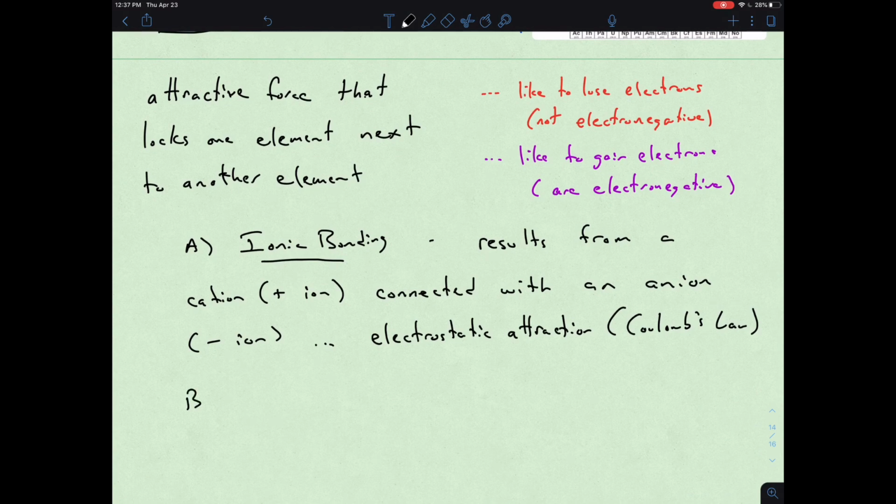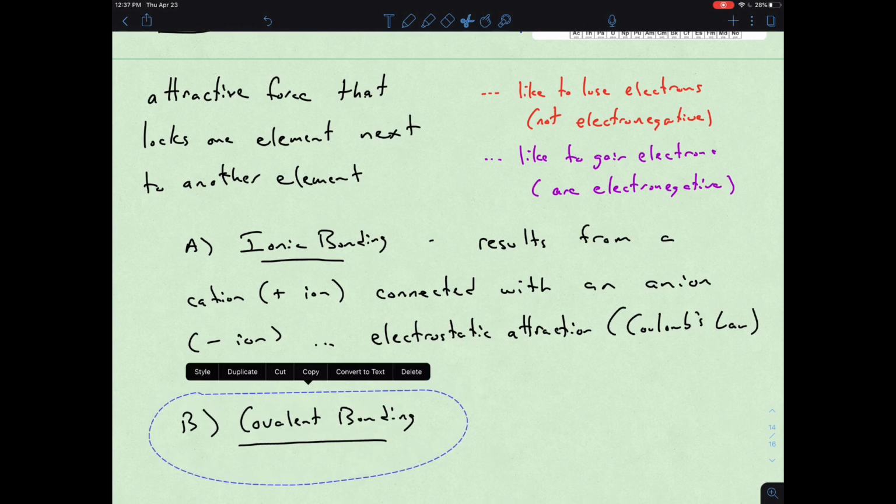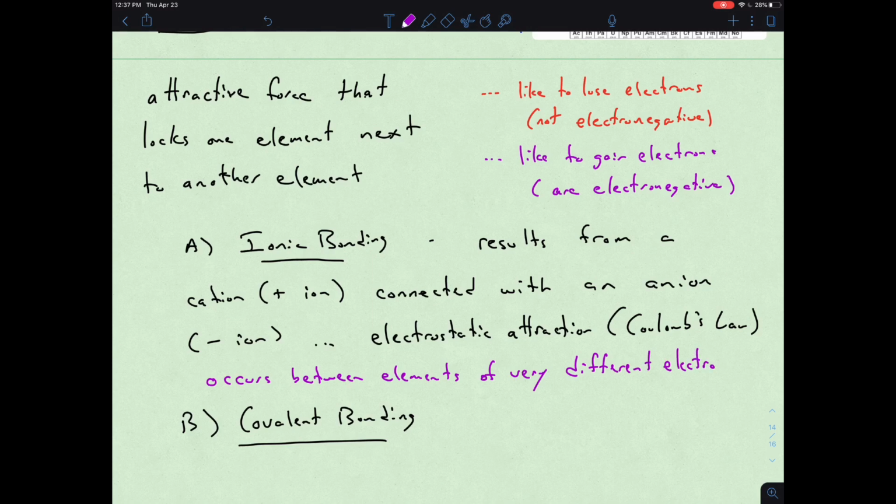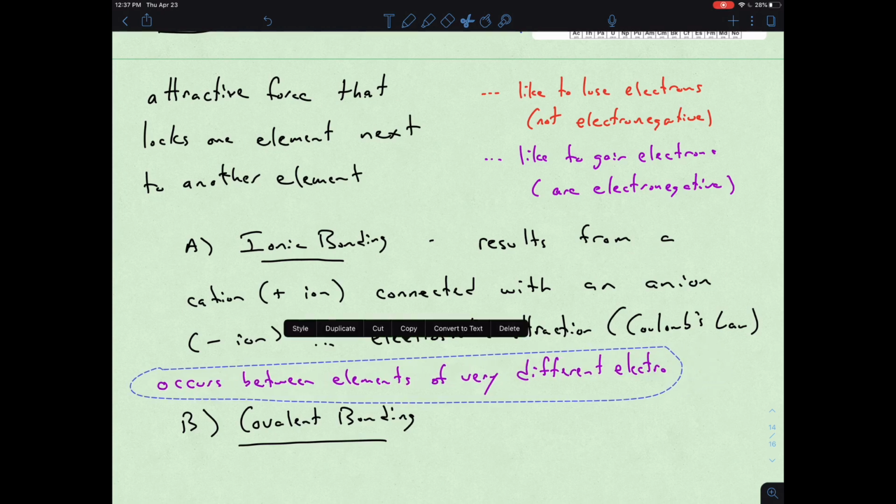And then the other side of bonding is covalent bonding. I should say for part A here that this occurs between elements of very different electronegativities. So we see that charge aspect.